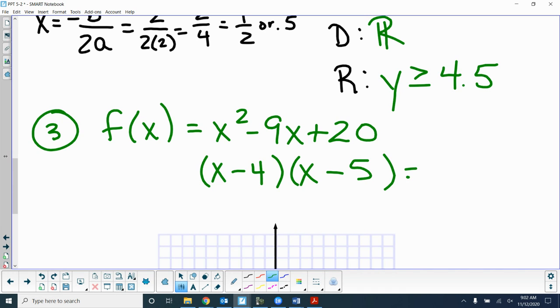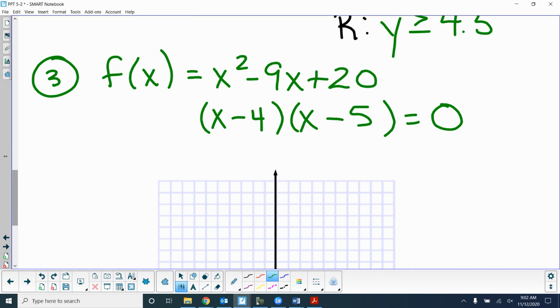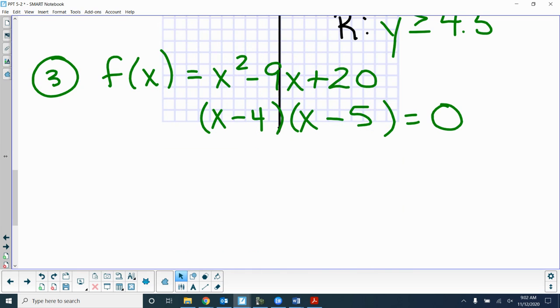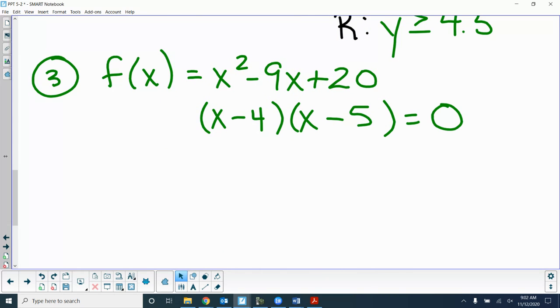Remember, this is equal to what? 0. When we solve these, we have to set it equal to 0. So to finish up, some of you stopped right here. But we're not done.